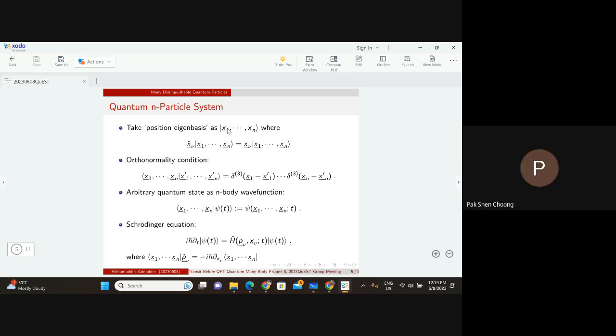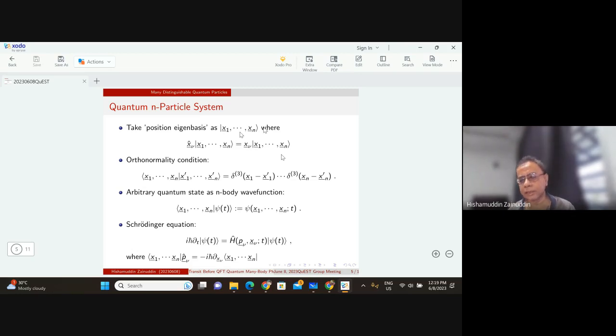Prof, when you write psi of x1 comma until xn, does it mean the usual tensor product structure, like psi1 tensor with psi2, x1 tensor with x2, and so on, or is this something else? Normally we think of being able to decompose your Hilbert space into Hilbert spaces of the individual single-particle wave functions.